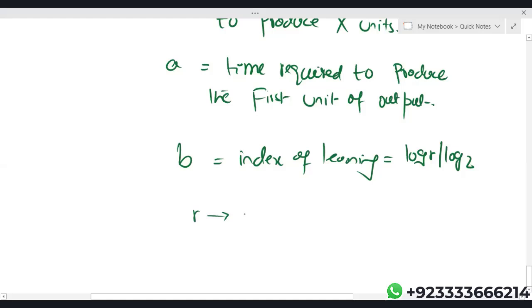R is the learning rate, which will be given as a decimal. Learning rate expressed as a decimal.